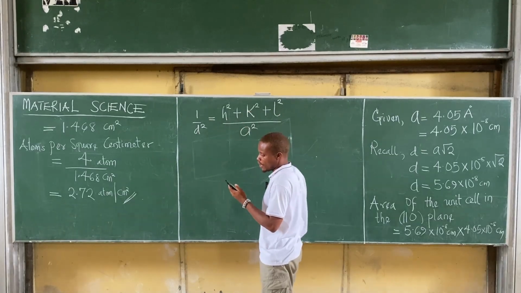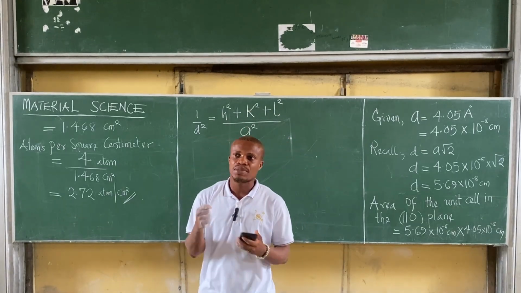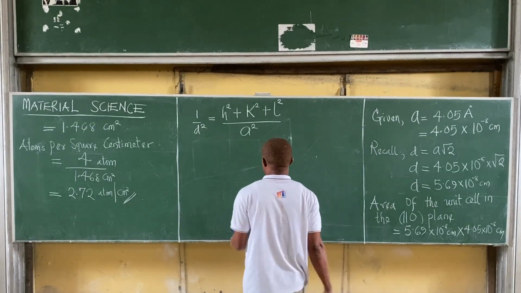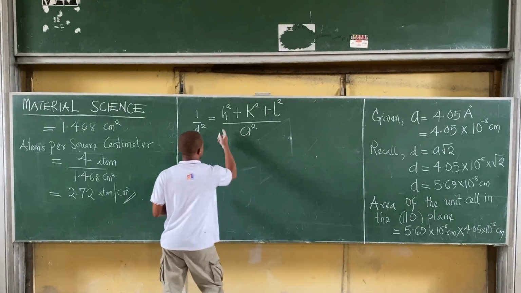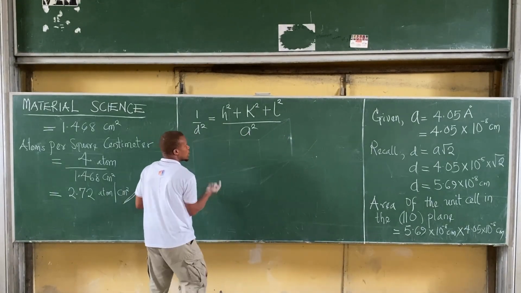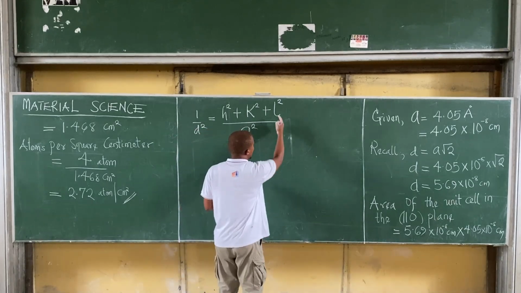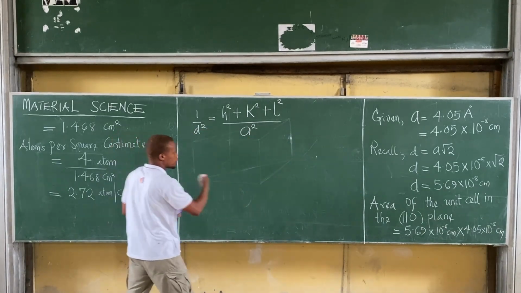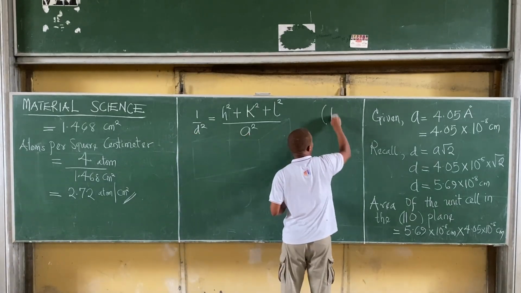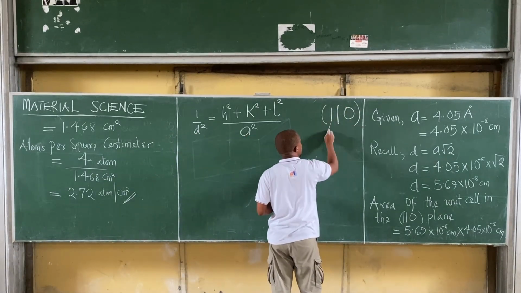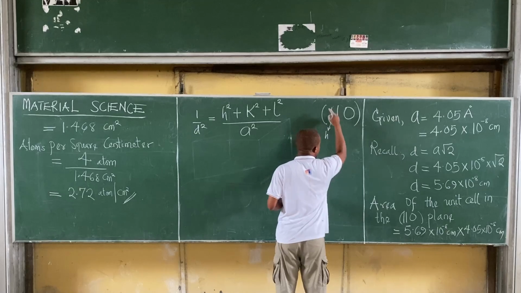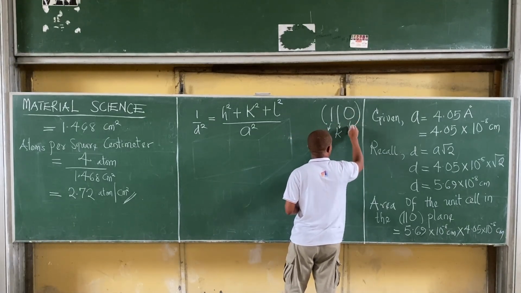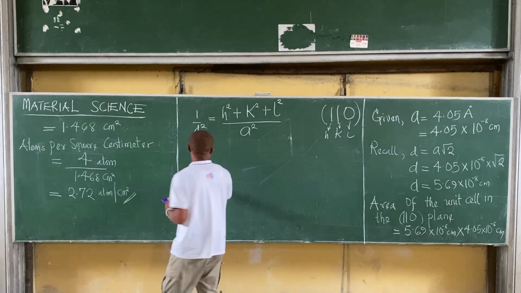Where we take for our Miller indices that h is 1, k is 1, and l is 0, depending on the plane given actually. But for this plane, we are given what? 110. Therefore, h is this, k is this, and l is this. So let's just impute that there.